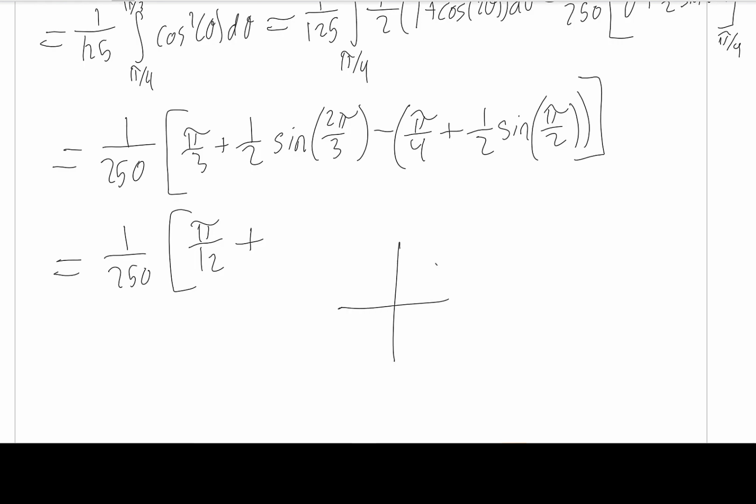If we're looking at our unit circle, 2 pi over 3 would be this point right here, and so sine of 2 pi over 3 is going to be square root 3 over 2. So that should give me 1/2 times square root 3 over 2 minus, so we already took care of our pi over 4, so then I should have minus 1/2 sine of pi over 2, so it'll just be minus 1/2. And so this will give us our final answer.